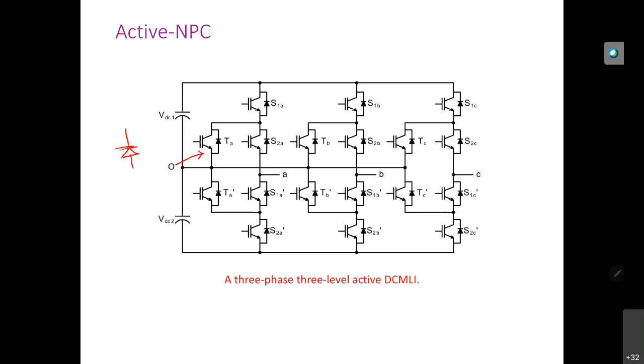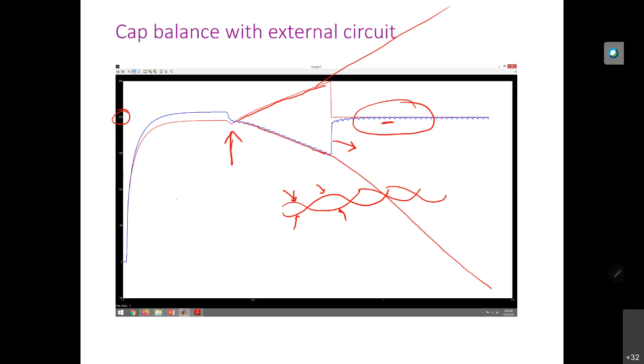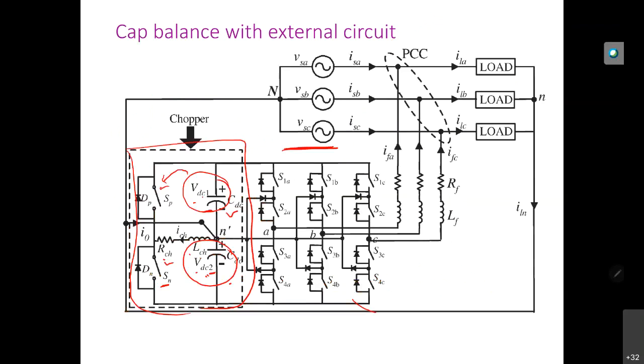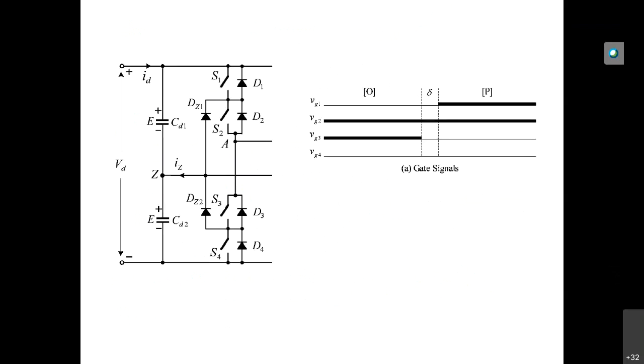What is the drawback when you have only diodes? In that case, we cannot control the current. If you have only diodes, the current flows either in this direction or in this direction.